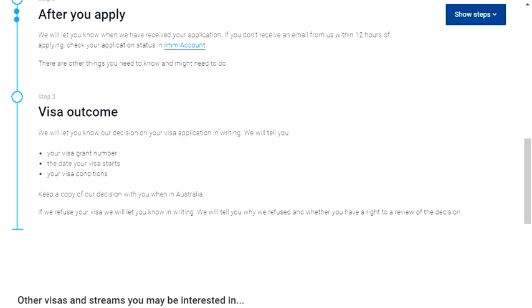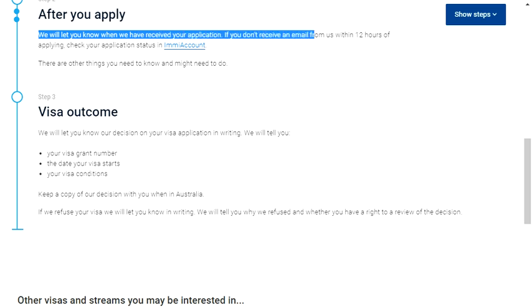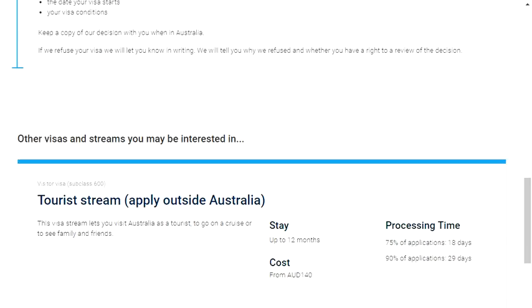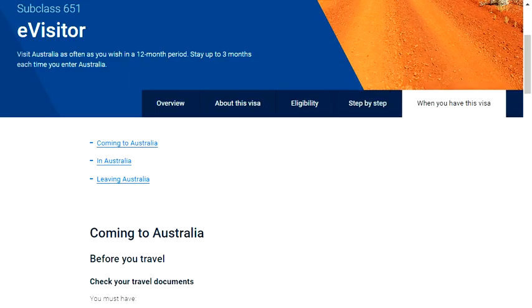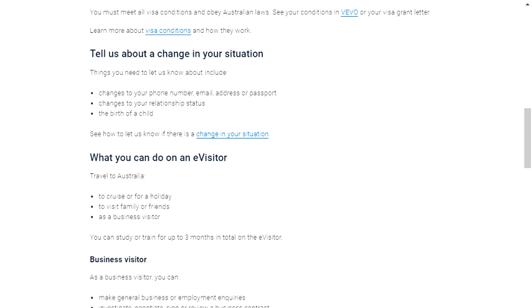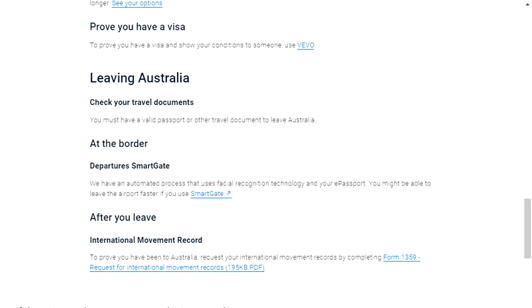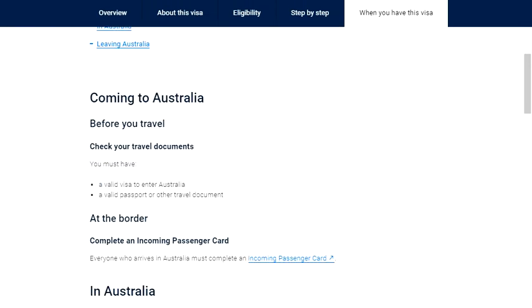They also send you an acknowledgement of receipt. They have mentioned here within 12 hours of applying, and based on the outcome you can plan to travel and abide by the conditions. These are the common instructions. So this is how it works.